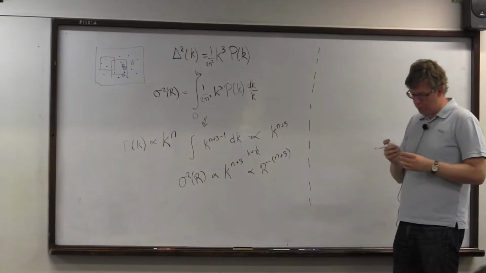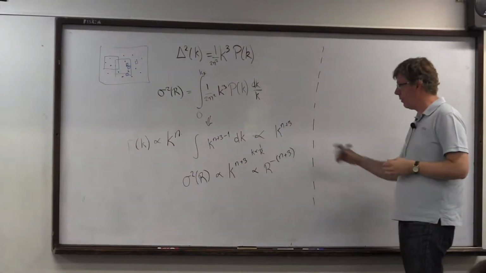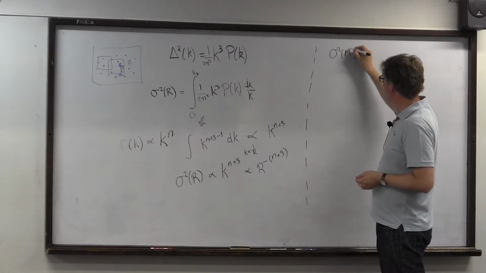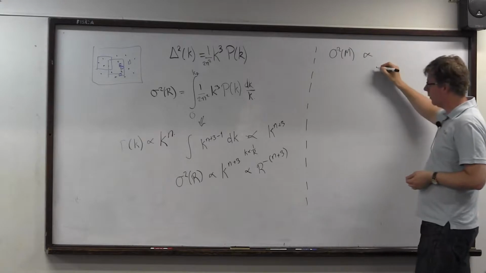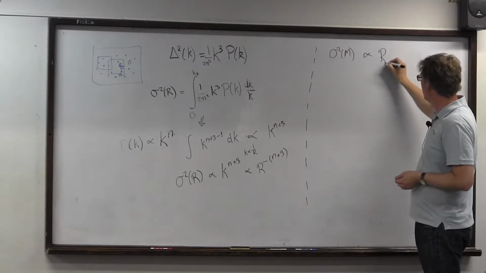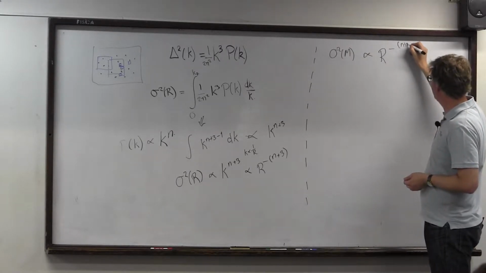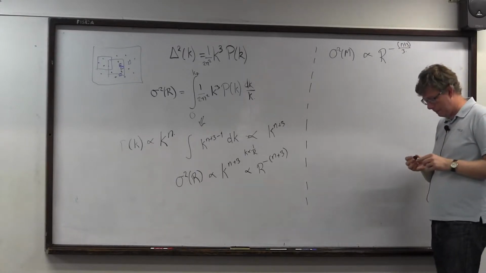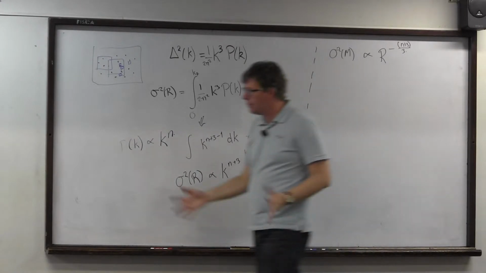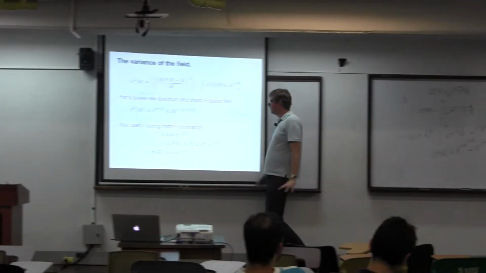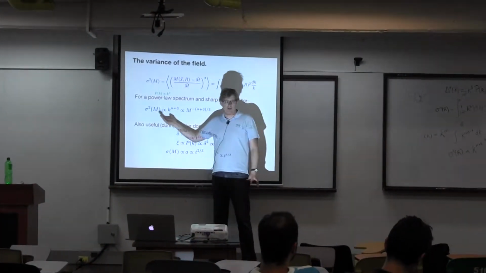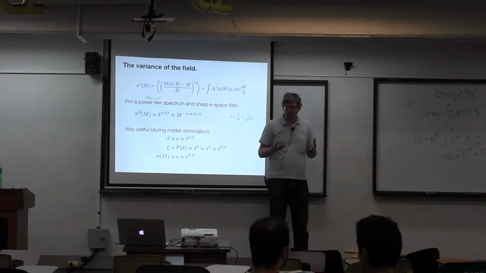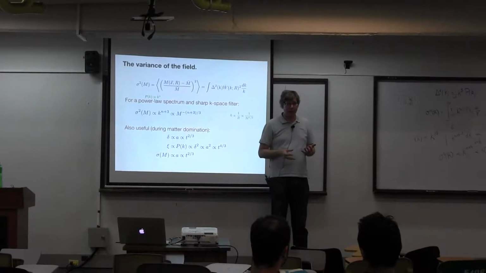And it's also useful to take this into the range of masses, and it also means that if I wrote it in terms of mass, it is proportional to r to the minus (n plus 3) over 3. Okay. So this quantity, this sigma, really defines something about how likely it is to have a big perturbation on a given scale.